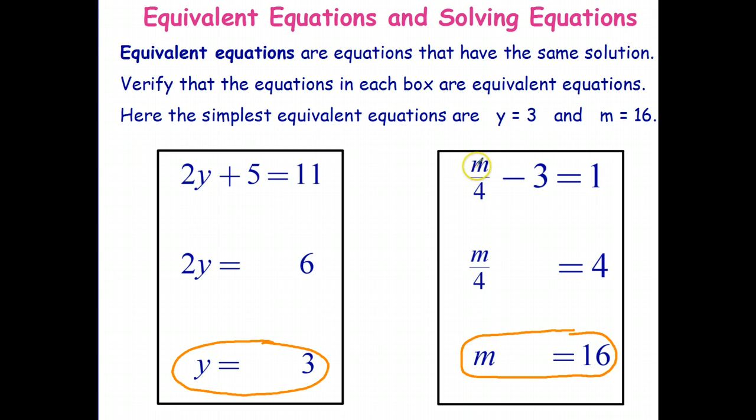And the top equation, 16 divided by 4 is 4, 4 subtract 3 is 1. So that one also has the solution of m equals 16. If we start with that equation, whatever we do to solve it, we should get to that equation next and get to that equation third. So if you're not writing equivalent equations in your solution, you're not setting your work out correctly.